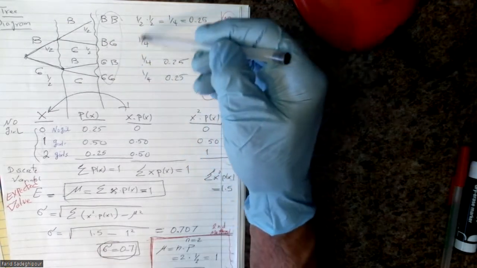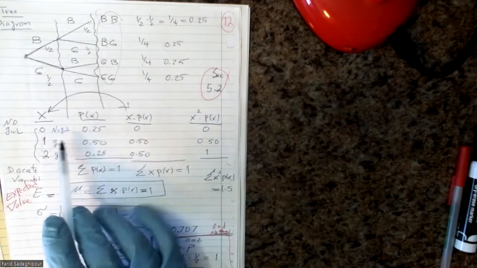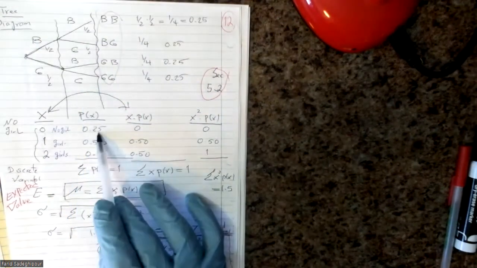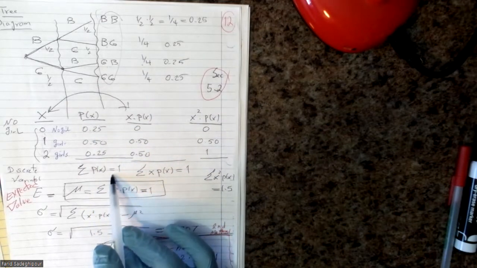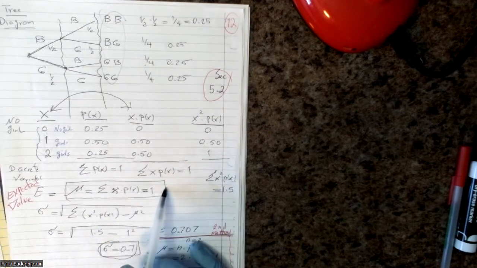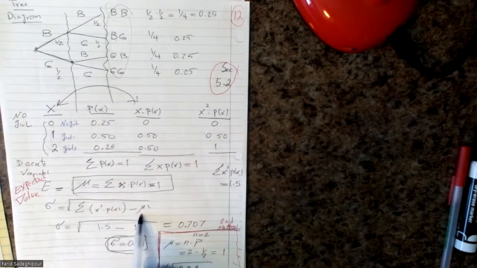So these are all the probabilities. When you want to create a probability distribution, what's the probability of no girls? Both boys, 0.25, then 0.50. So the sum of x P of x, again, is 1, meaning the mean is 1. How do I calculate the standard deviation? From this formula.